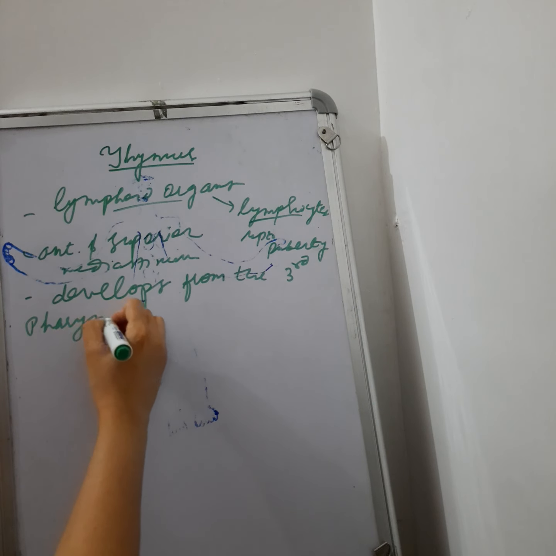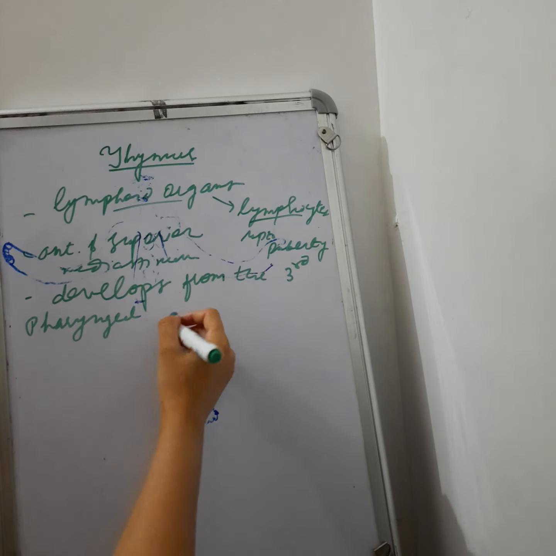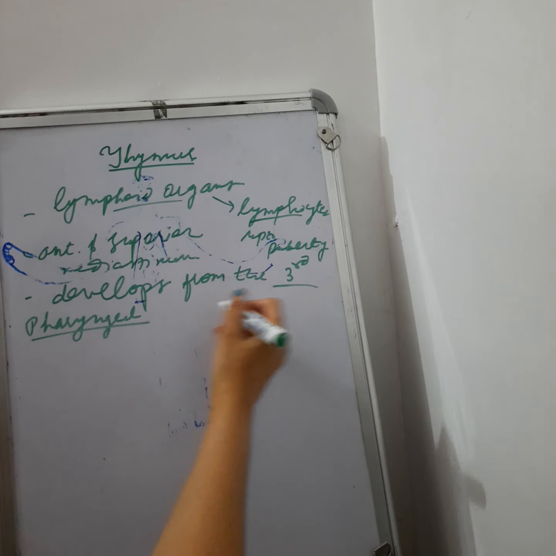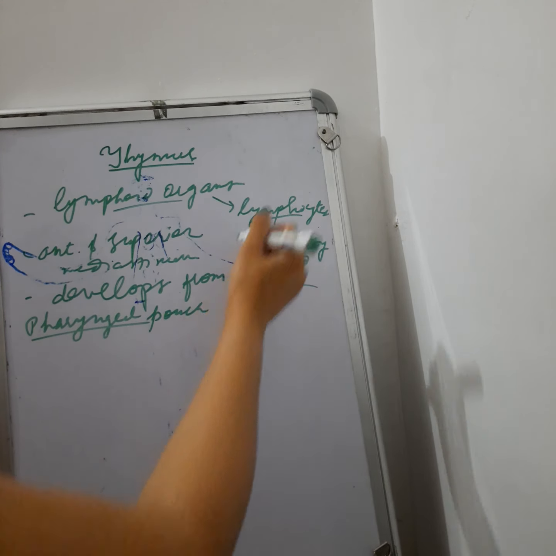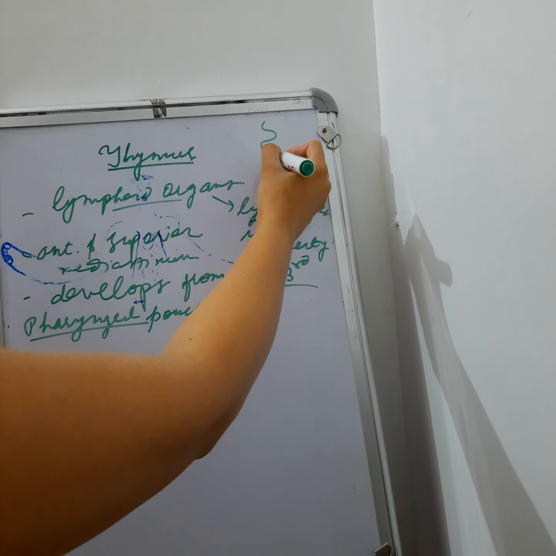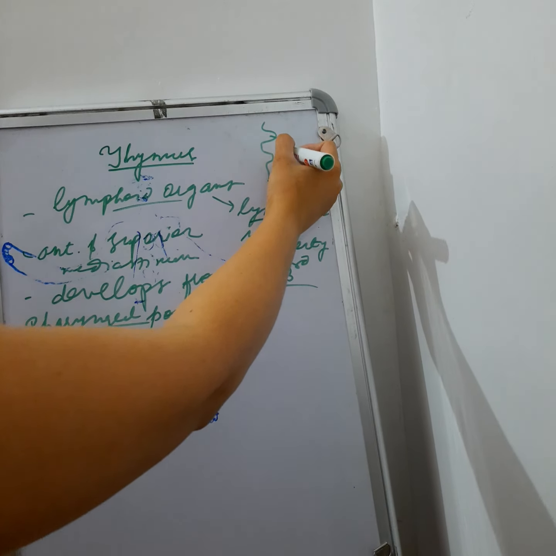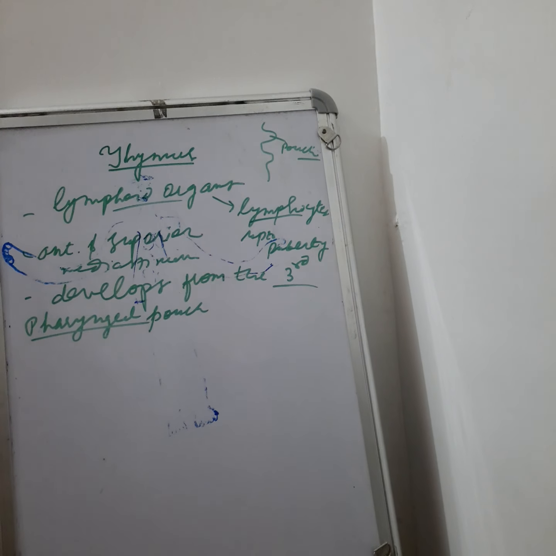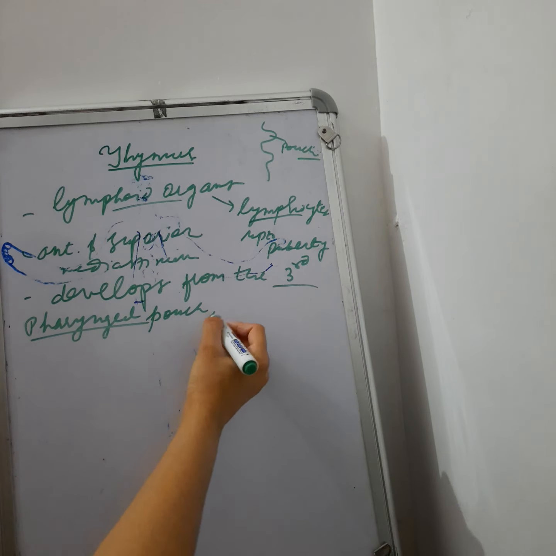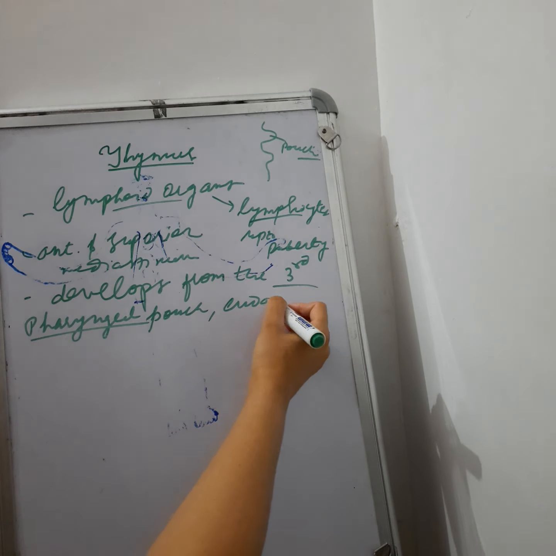As we have studied yesterday, the thyroid gland develops from the first pharyngeal arc. So during that development, these are called the pouches. From the third one, the thymus gland develops, and this is endodermal in origin.